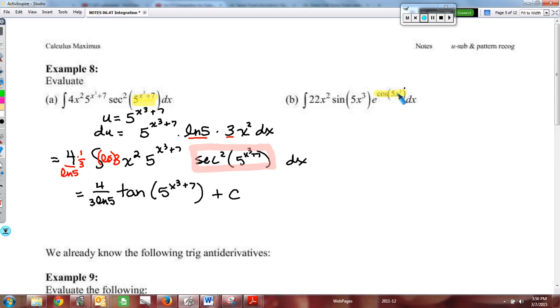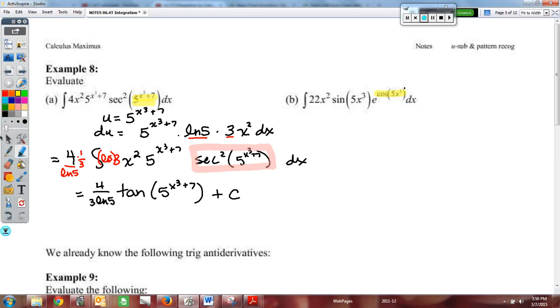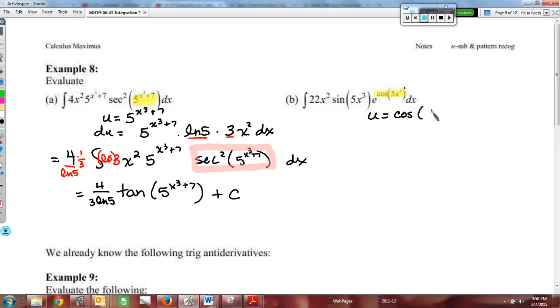And because this is 5x cubed, its derivative would have an x squared. So I make a decision about what I want u to be: cosine of 5x cubed. I find its derivative, just double check here. Derivative of cosine is negative sine. Then I use my chain rule times my 15x squared.